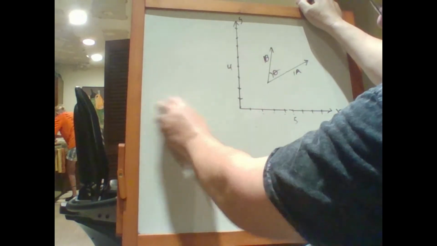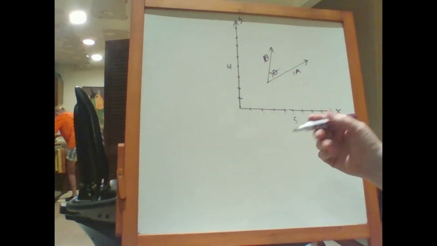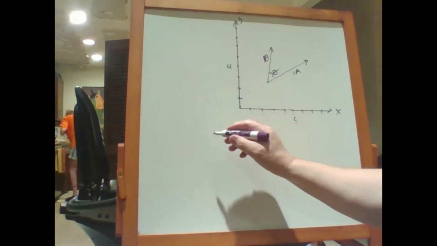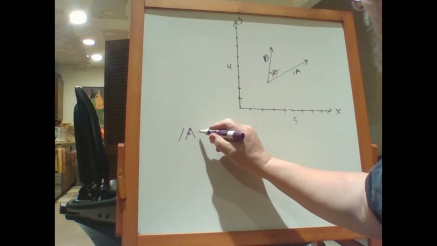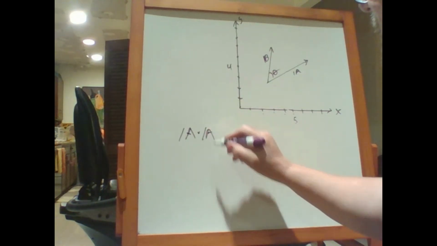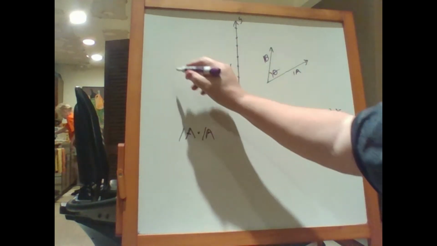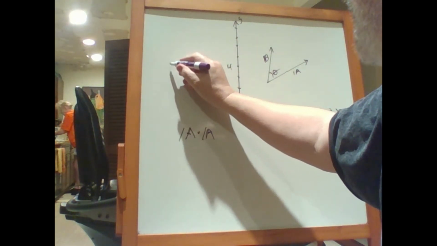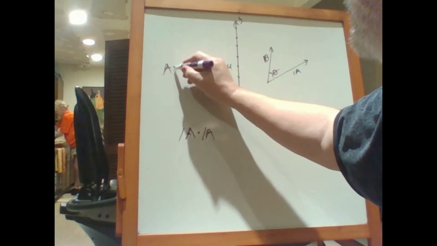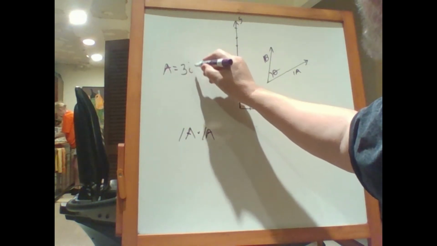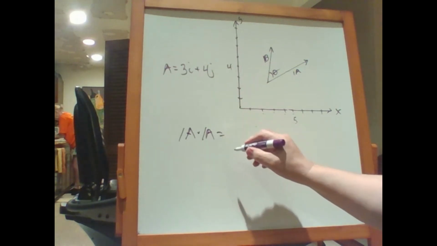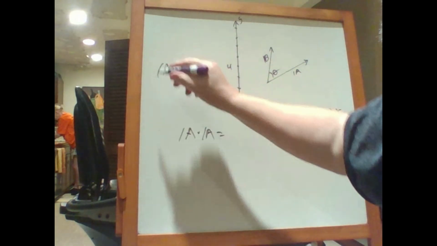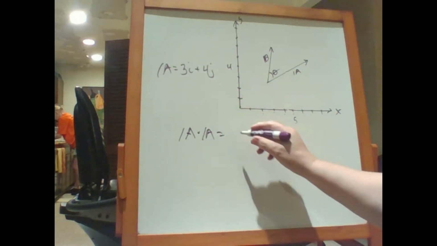Now, just one last thing before we quit. You may notice something here, that if you have A dot A, let's say A is equal to 3i plus 4j, and we have A dot A. It's like A squared in a sense.